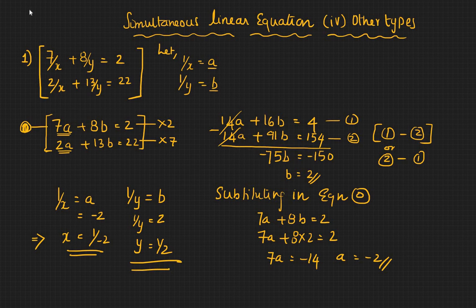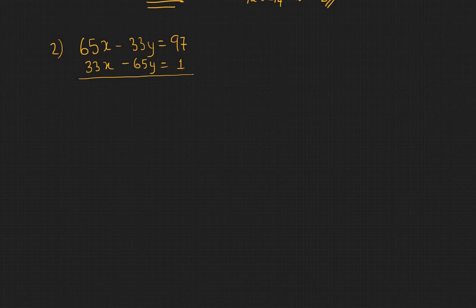So that's how you can solve this. Whenever you have something in the denominator, you can make that variable as something which is a and b, something like this, and move on. So let's do one more interesting problem of different type. Let's do the next problem.